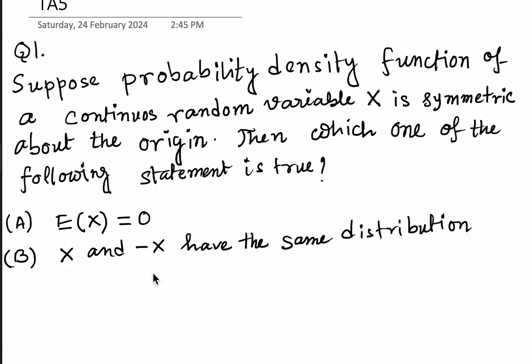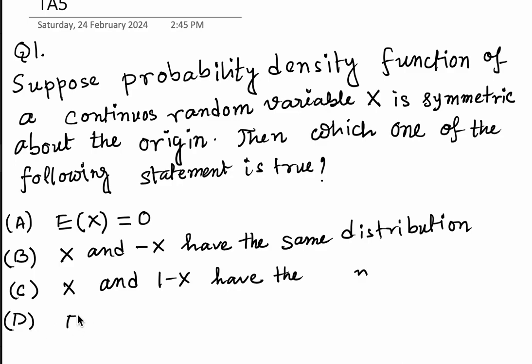C, X and 1 minus X have the same distribution. D, E of X always exists.